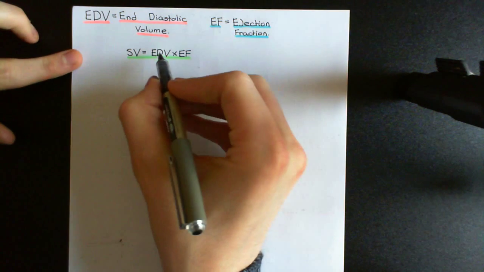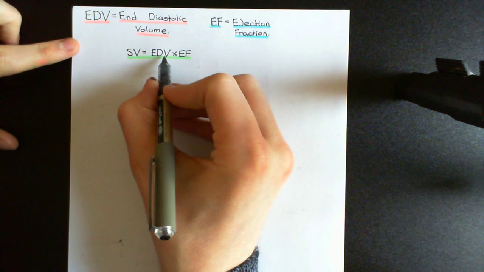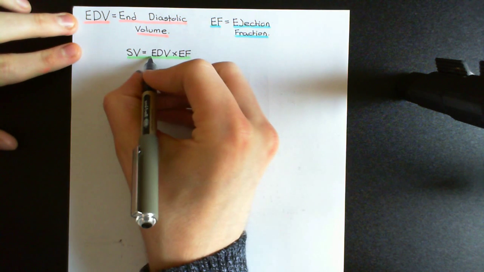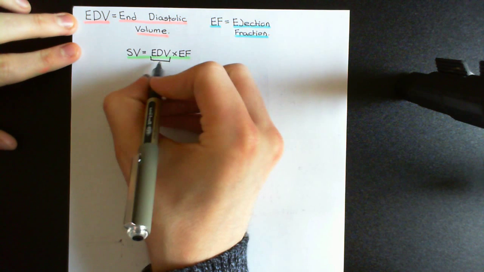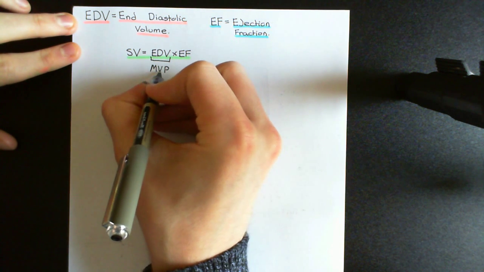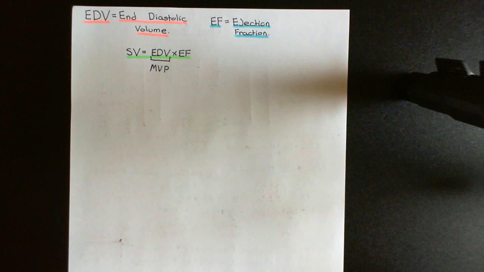So, firstly, let's think about the end diastolic volume. What is going to determine the end diastolic volume? Well, this is going to be determined by the mean venous pressure, because if the pressure in the venous system is higher, you can imagine that more force is going to be pushing blood into the cavity of the heart, the chamber of the heart.